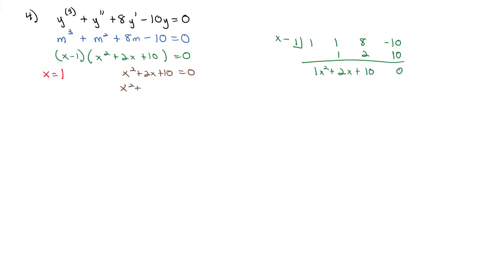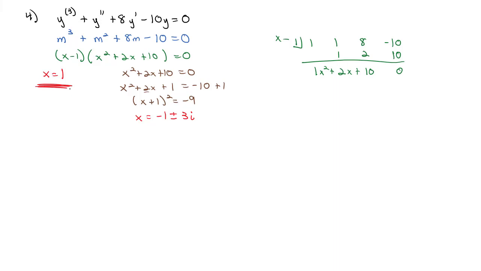So I'm going to subtract 10, take half of 2 and square it, and add that to both sides. So that's m plus 1 squared equals negative 9. Then taking the square root of both sides and subtracting 1, running through the basic algebra a little quickly here, to get negative 1 plus or minus 3i.